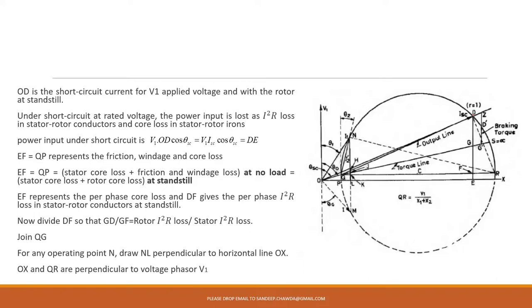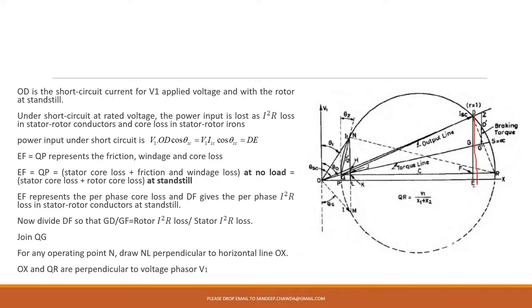So stator and rotor iron loss will be there, and I square R losses in the stator and rotor conductors. Under short circuit condition, whatever input you give is going to be lost. It is not utilized, but is consumed or dissipated by conductor and iron. So the power input in this condition will be given by this line DE.